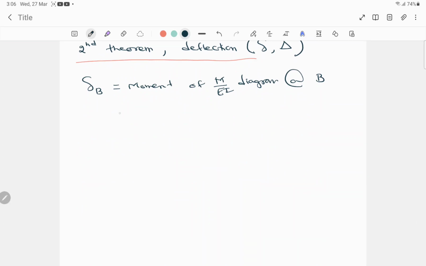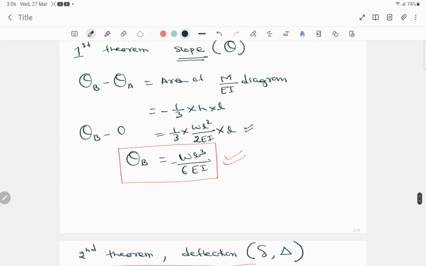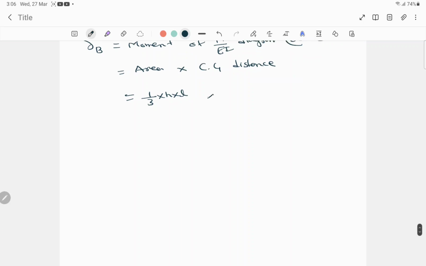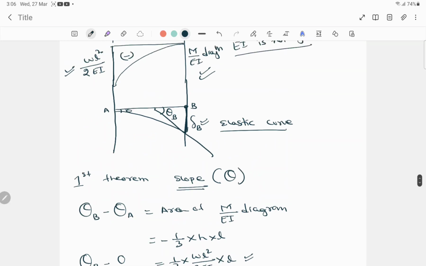Now we know how to find a moment. Moment is nothing but area into CG distance, right? The area of the M by EI diagram, as I have already mentioned, is 1 by 3 of h into L, into the CG distance. Now how to find the CG?